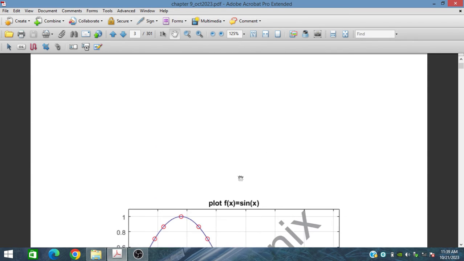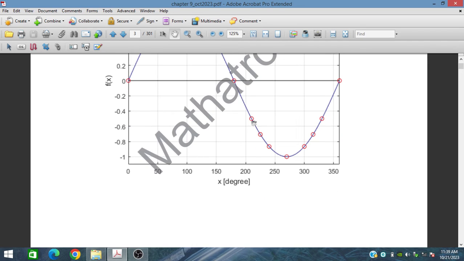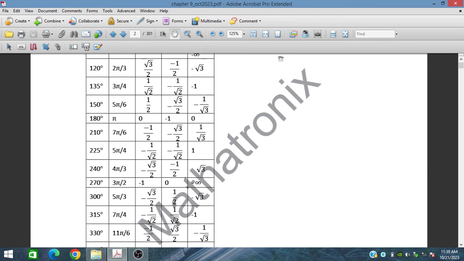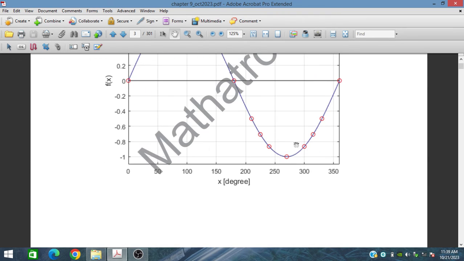And similarly, this is 210, this is 240, this is 225. At 225 we have this value, minus 0.707, minus 1 over under root 2.